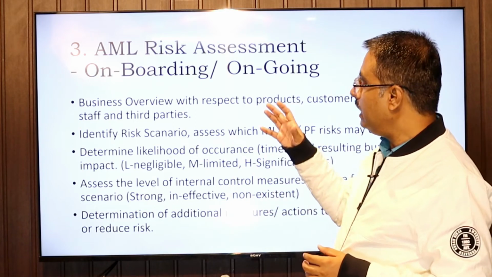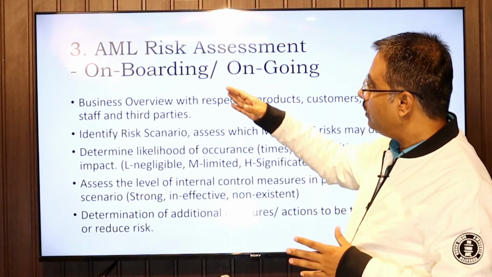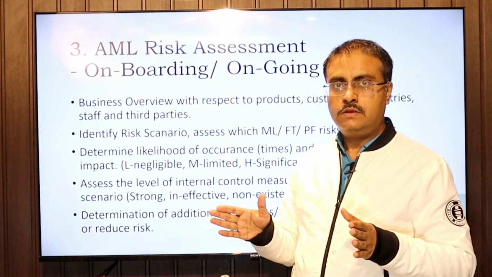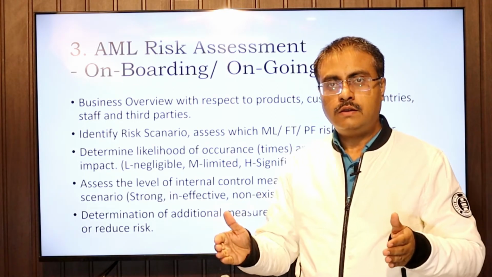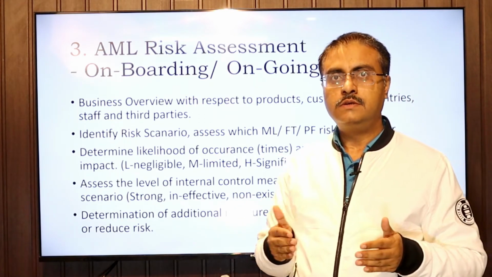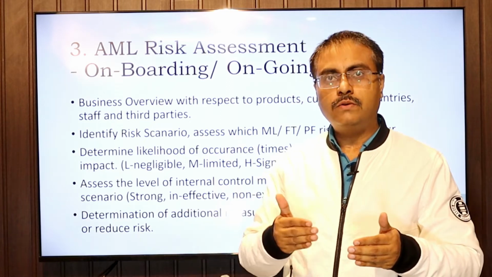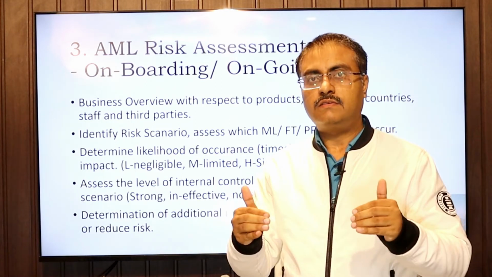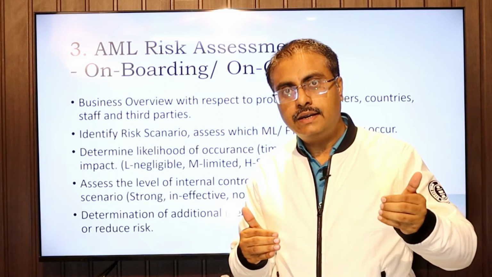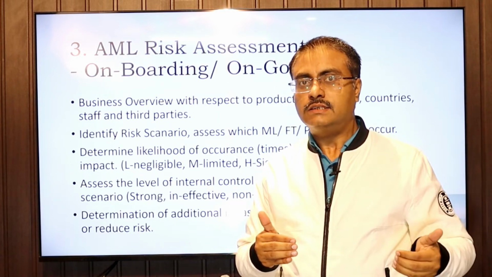So AML risk assessment is for onboarding customers or ongoing customers. Suppose you already have a customer database and some customers are added on a regular basis, you have to check whether any name is added in the sanction list.